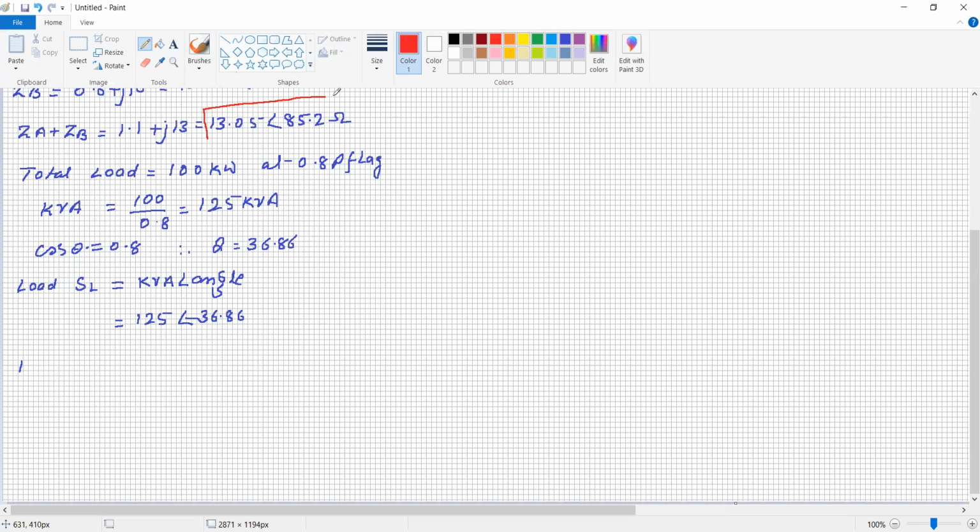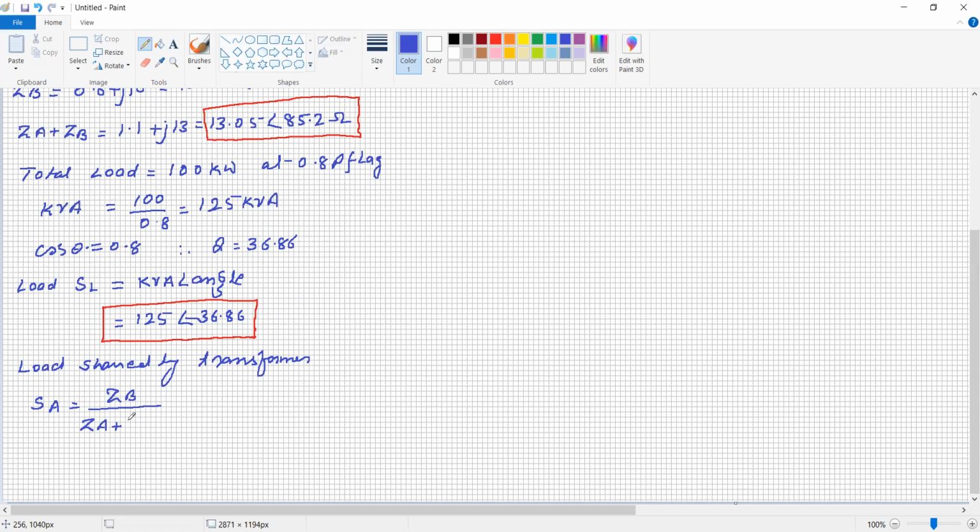This is ZA plus ZB, and this is the load in kVA in complex form. So now the load shared by transformer A, SA, is equal to ZB upon ZA plus ZB, into SL.